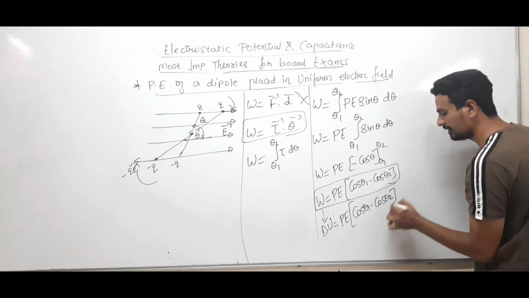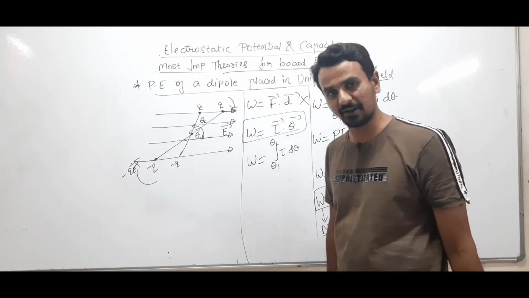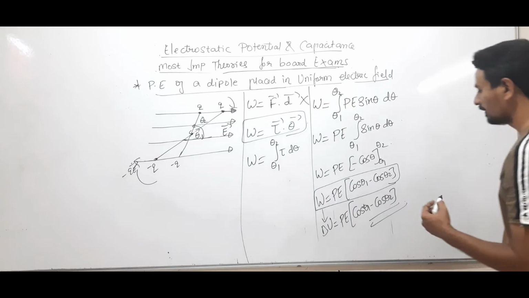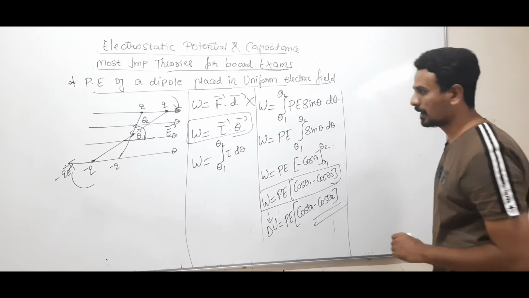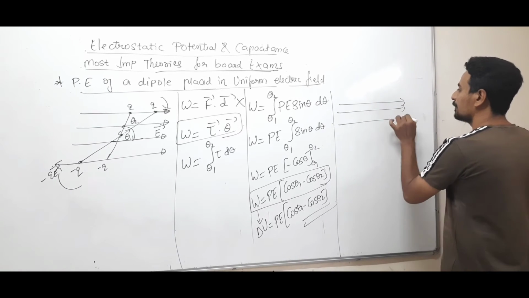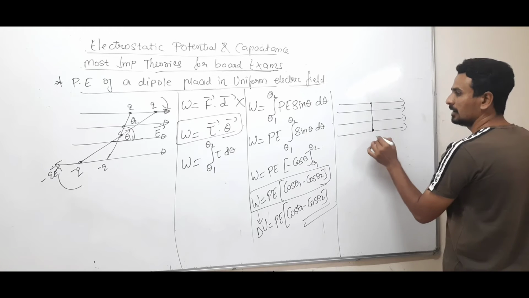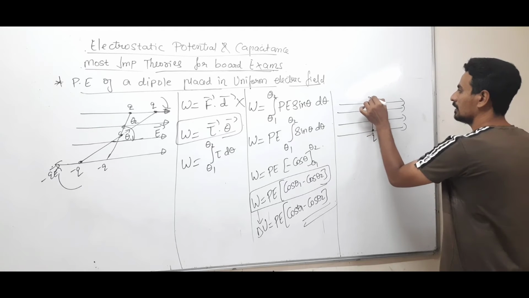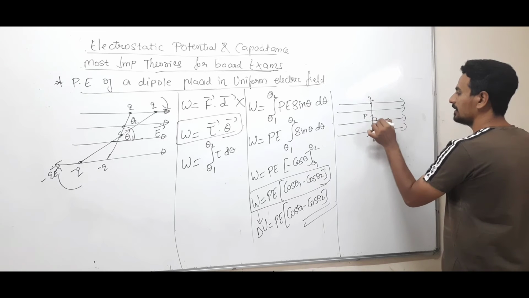This much is the energy stored by the dipole when placed in a uniform electric field. Now suppose initially the dipole, this is just a special case, is placed at this angle, that means the angle between P and E is 90.